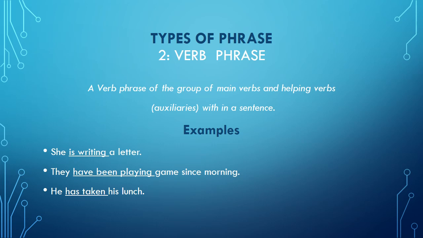So in order to show activities that can be done, active verbs are used, while linking verbs describe condition. As I have given the example, she is writing a letter. Here the work is being done. So is writing is the phrasal verb.